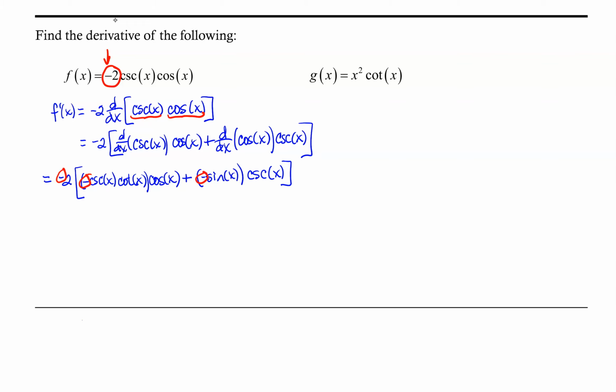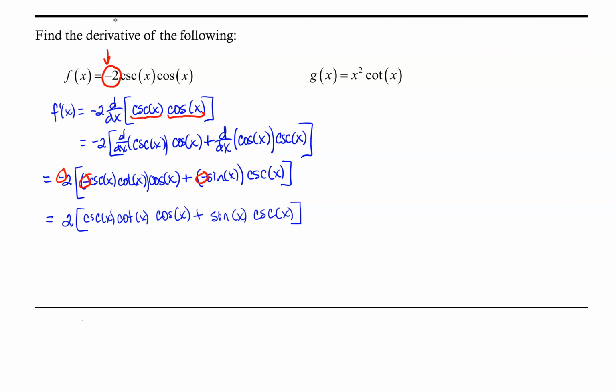So we would end up with something looking like 2 times cosecant of x, cotangent of x, cosine of x, plus sine of x times cosecant of x. Now it's time for us to investigate if this can be simplified any further.